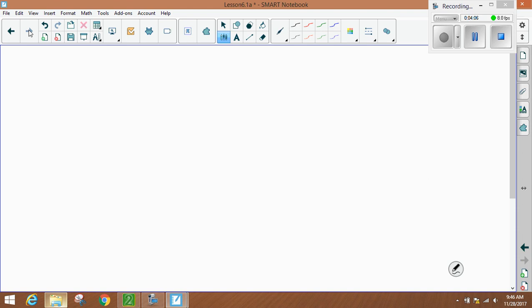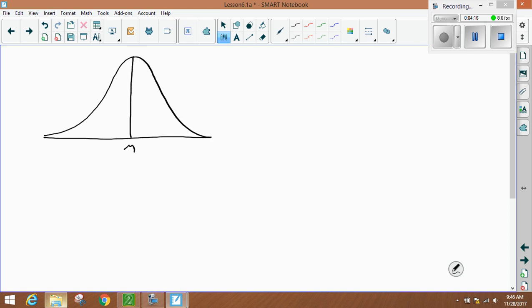We've already done this by calculating proportions, right? So we had a normal density curve where we had our mean there, right? And we were able to calculate very easily areas to the left of a certain given x value, right?